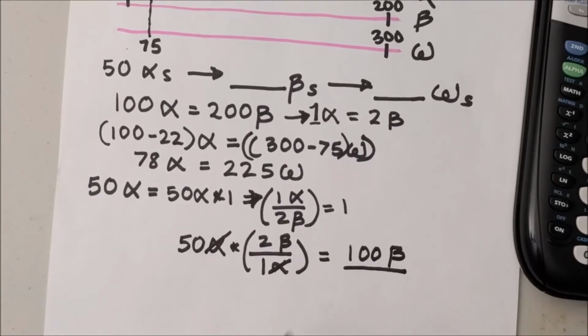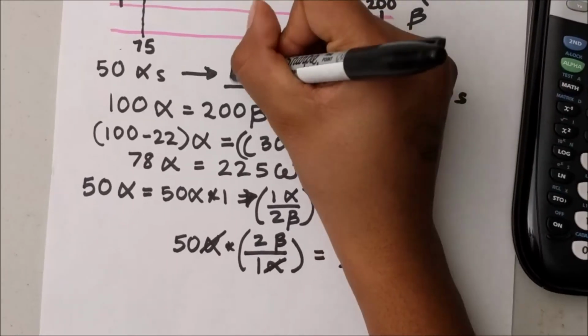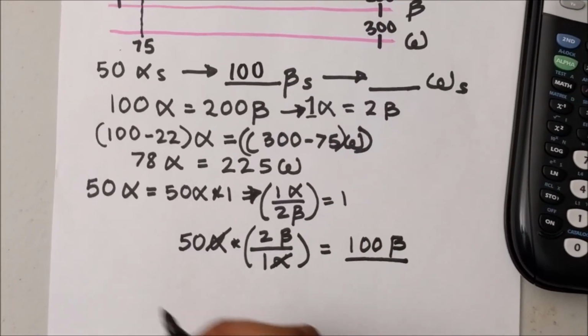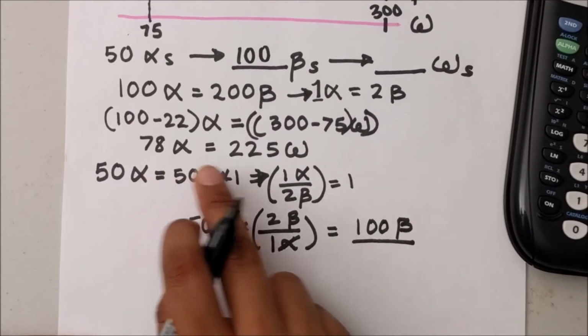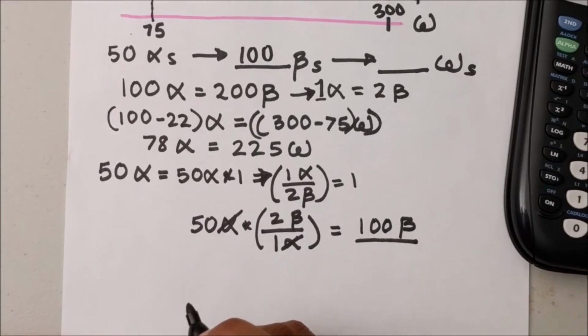Moving on to the second part, where we are solving for omega, we have the conversion factor over here: 78 alpha equals 225 omega.